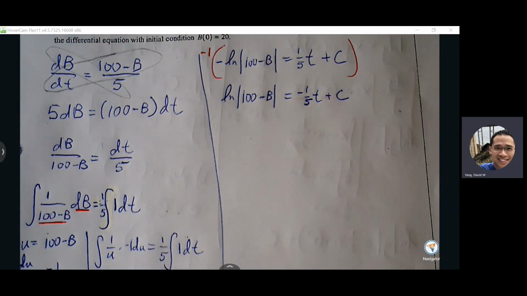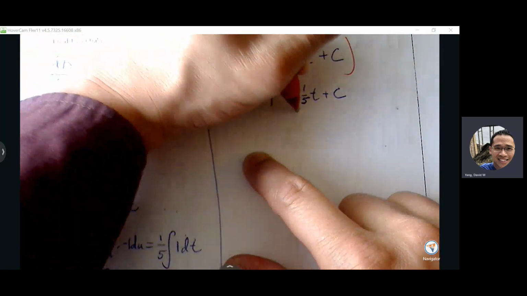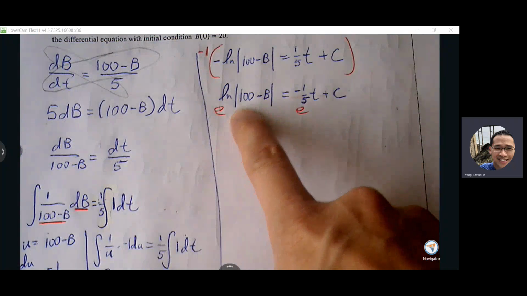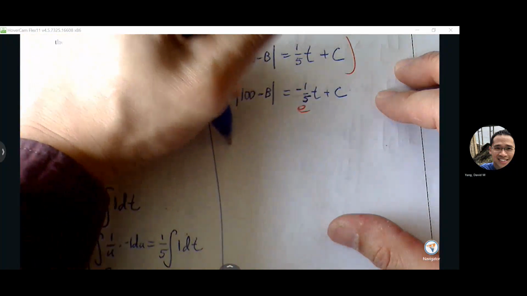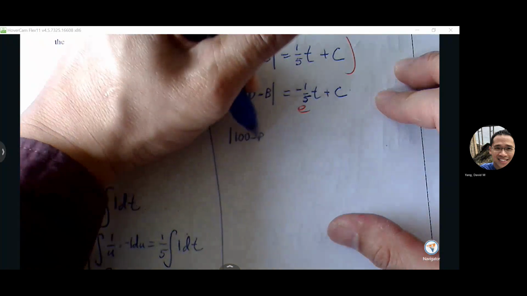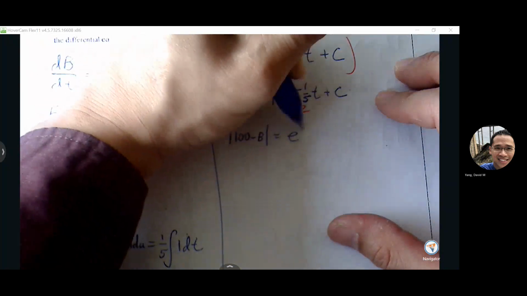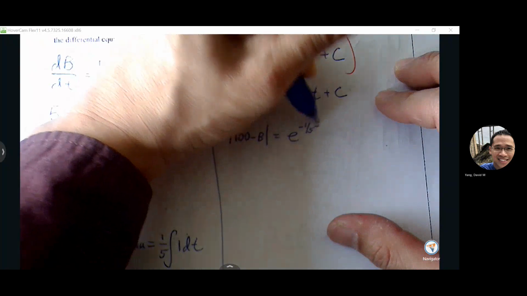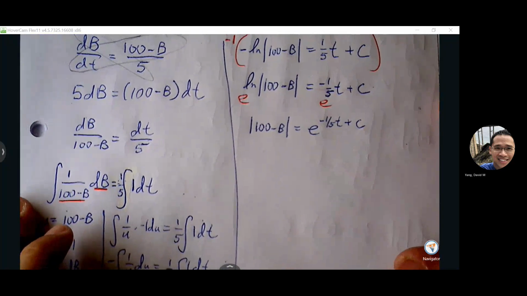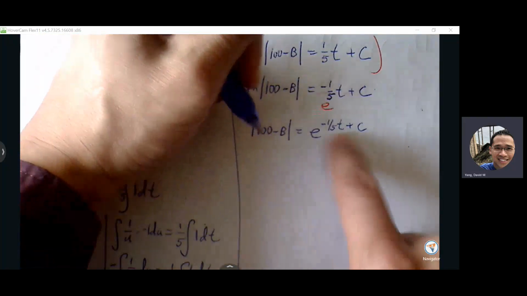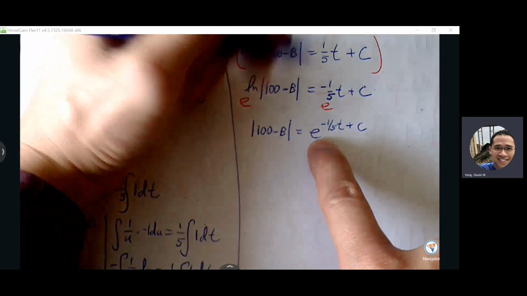Now I can involve e, because now I have a nice clean relationship here, e to the natural log. I'm trying to get that absolute value to drop from the natural log. Separate the c away from the variables.